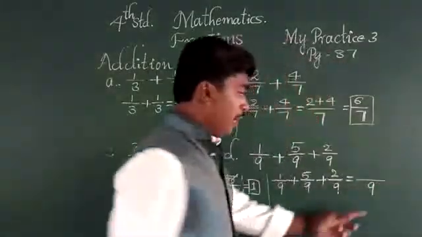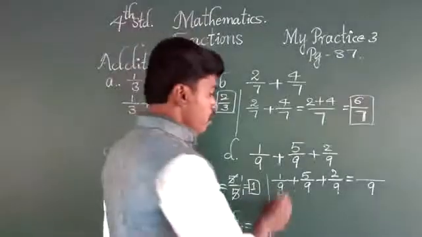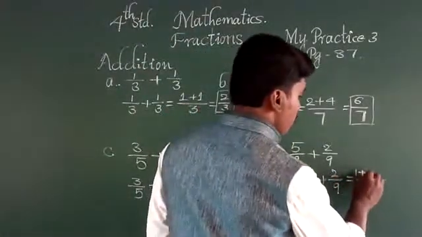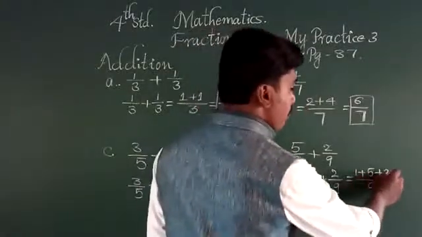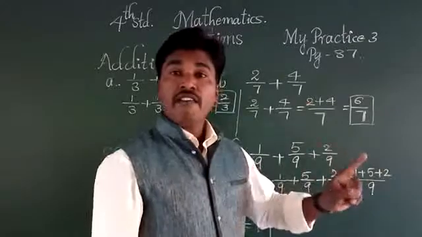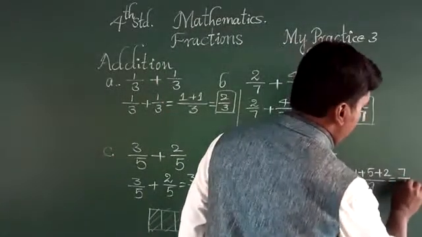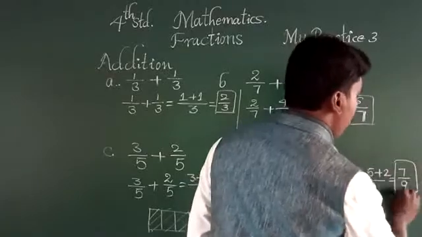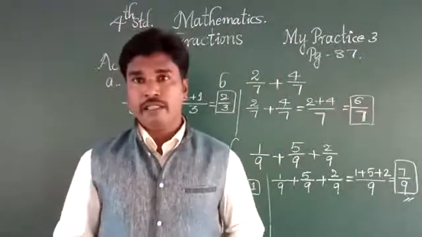The common denominator is 9 and add the numerators. Which are the numerators? 1 plus 5 plus 2. 1 plus 5 is 6, 6 plus 2 is 8. Denominator as it is, you write it. So 7 by 9 is the answer.